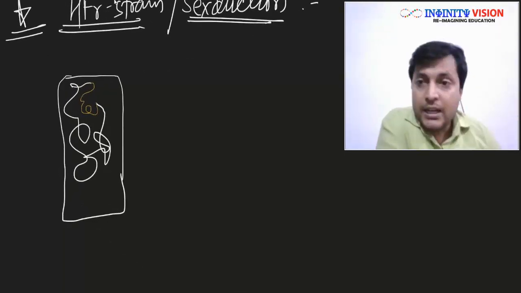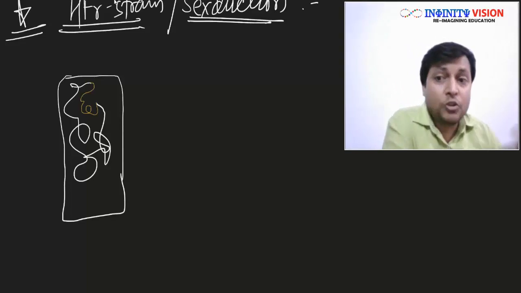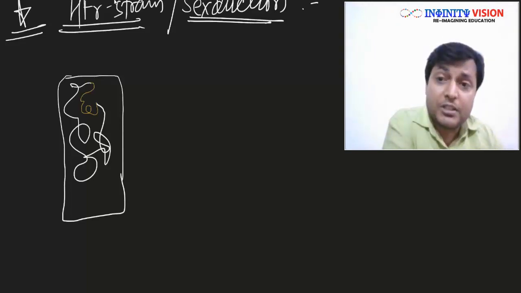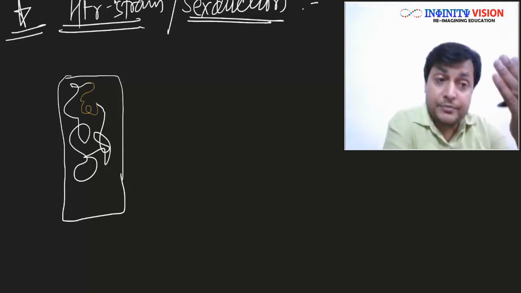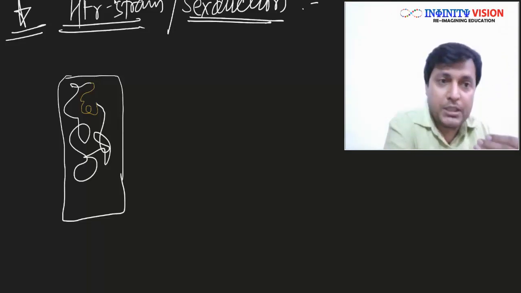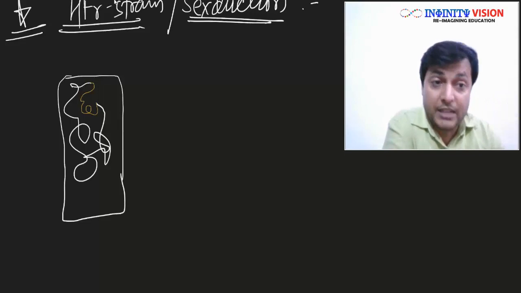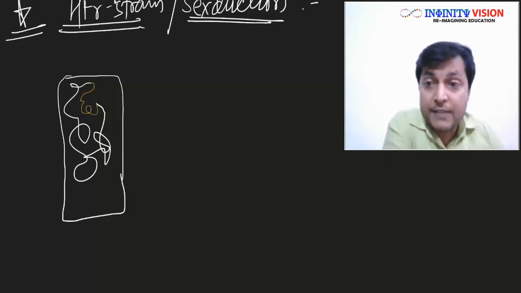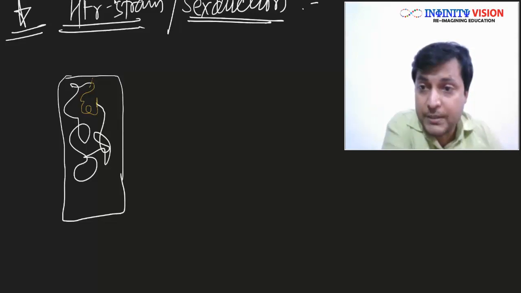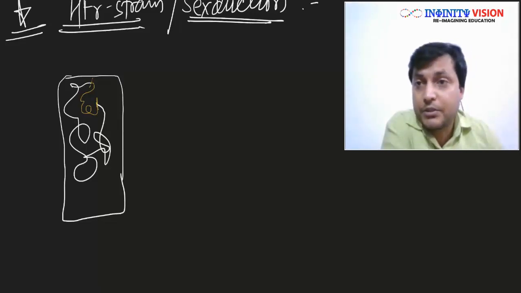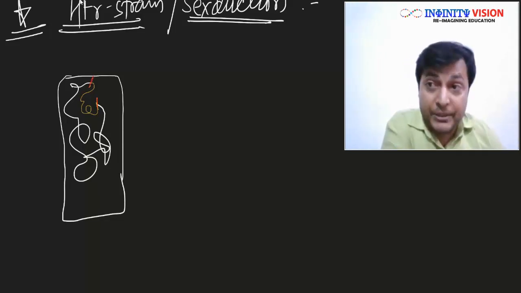Now, if it gets incorporated, then there is a chance that after some time it may get out of the chromosomal DNA and again become a circular independent structure, and this is what happens many a times, and for that it has to be cut precisely at this point, correct? Let me do it in red for clear visibility, from this point. But many a times it does not happen.